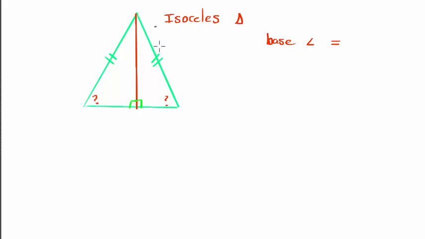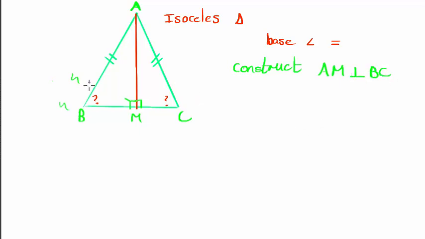You have triangle ABC, and you are going to construct AM perpendicular to BC. That's your construction. And again, you don't need to know these proofs, but they help you to understand the geometry.